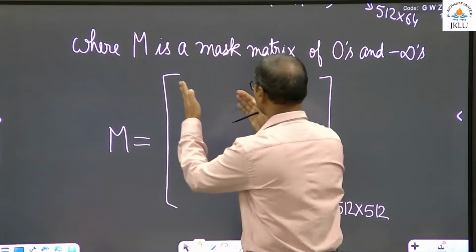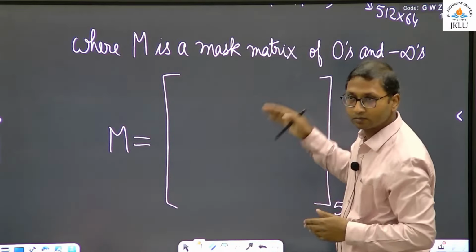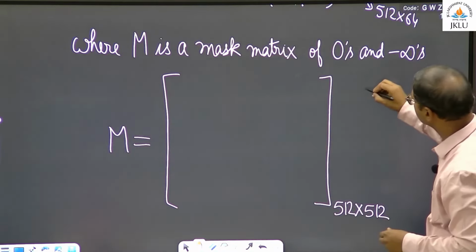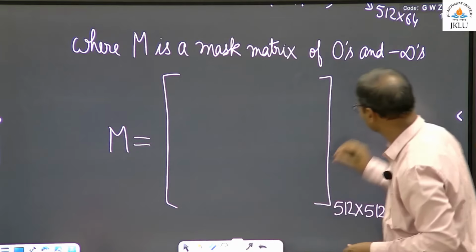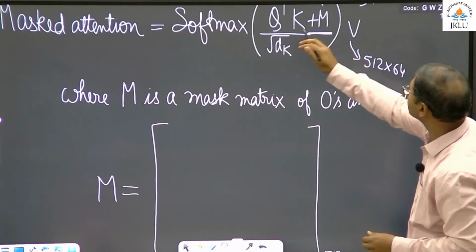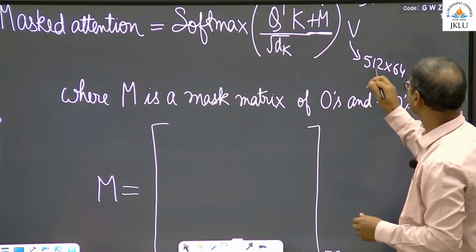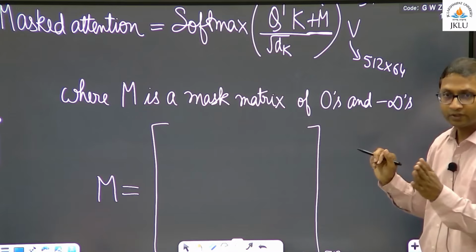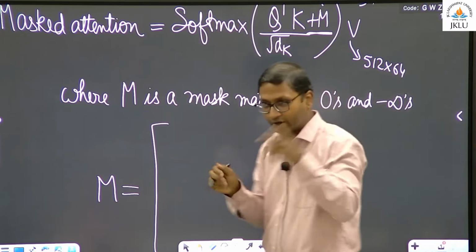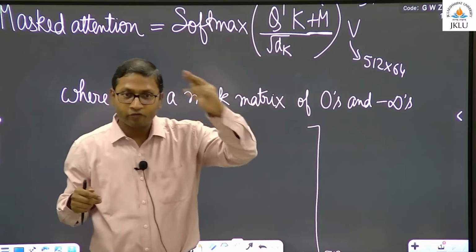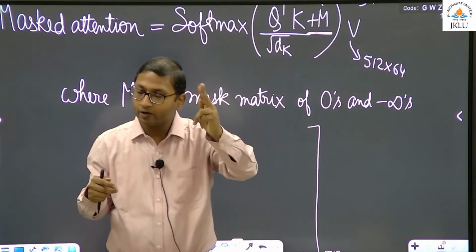Okay. So what happens to the first, this guy will get multiplied with, so if you see here, first column will multiply with what? This is 512 cross 64. So how many values do you have? 512. Okay. So value of first should depend on what?